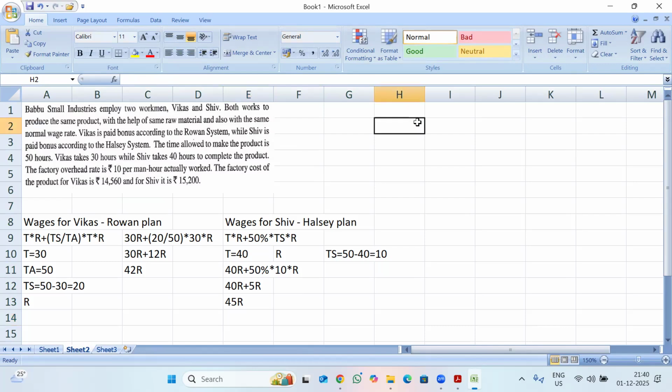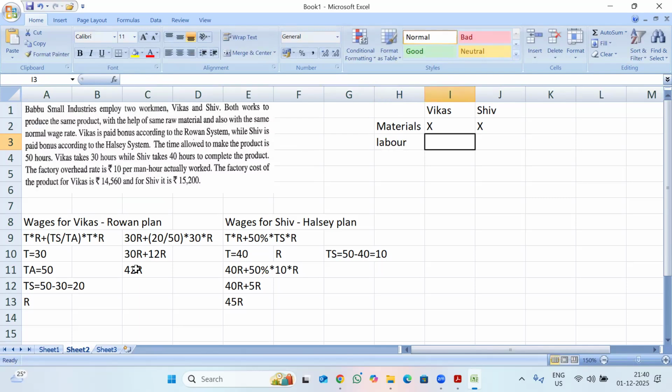So I just want to construct this in a cost sheet format. So first, materials. Both are using the same raw materials, so I'm using materials as X. This is for Vikas and this is for Shiv. And labor, which we have calculated.